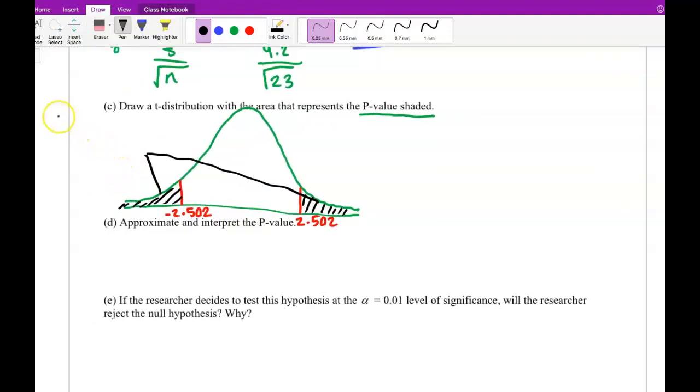So it's the sum of the areas, and that is the p-value.